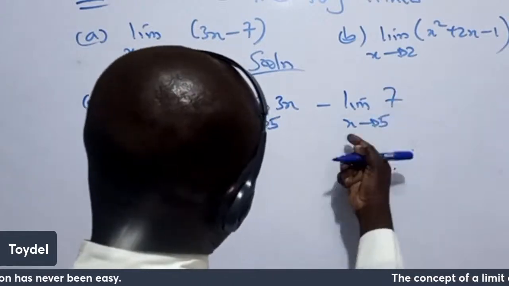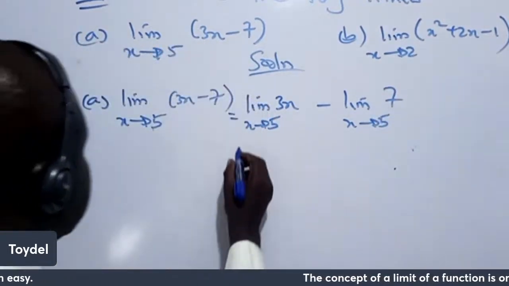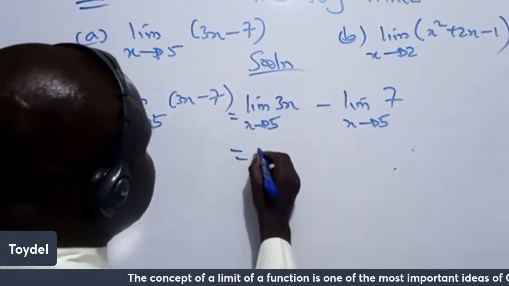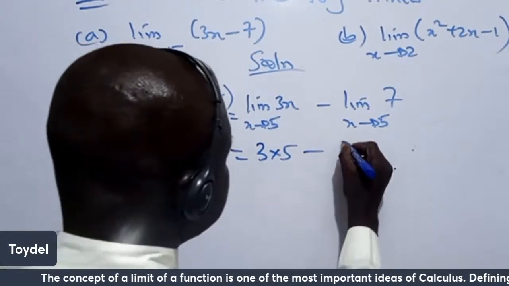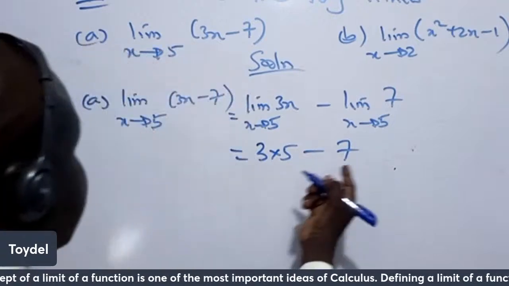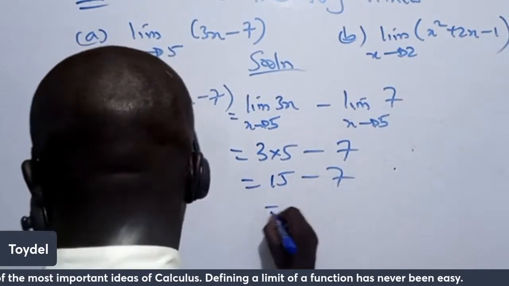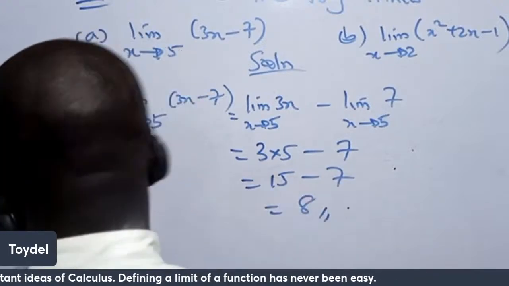Of course, this is a constant. Once you substitute for x, you remove the limit. You now say 3 times 5 minus 7. That will be 15 minus 7, and that's going to give us 8. So the value will be 8.